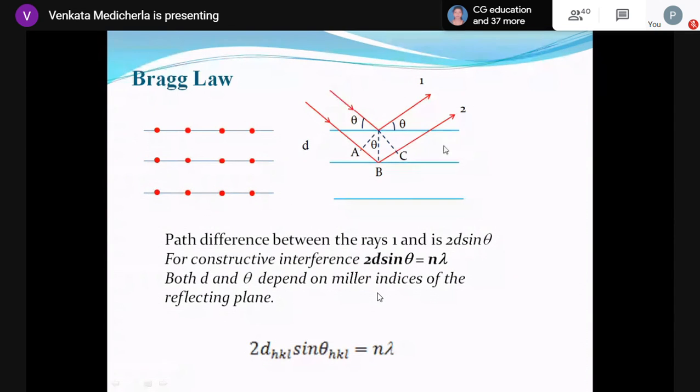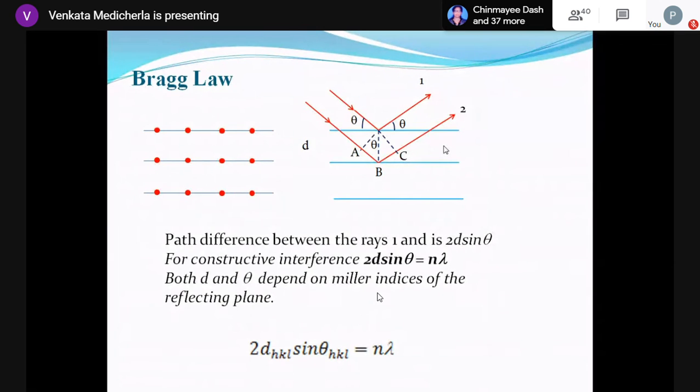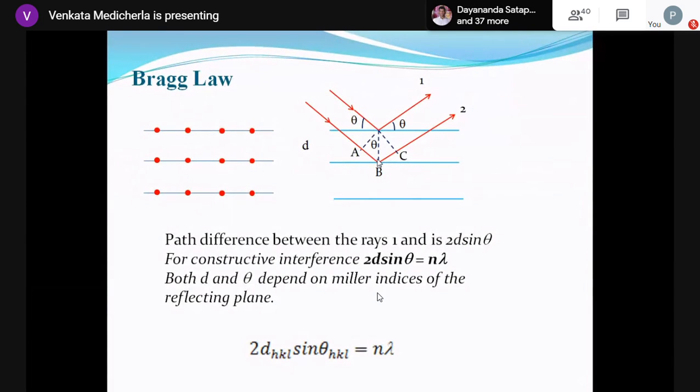Some people are worried when we derive Bragg law. If we ask them to derive it, they put one point here. That's not necessary, because he has assumed that it is a partly reflecting mirror. No atoms, nothing. He has replaced that plane with a partly reflecting mirror.